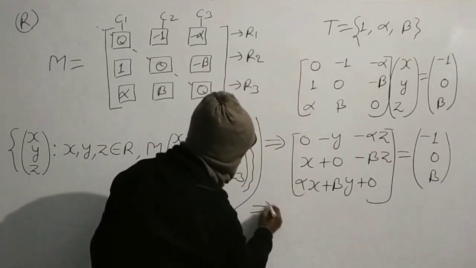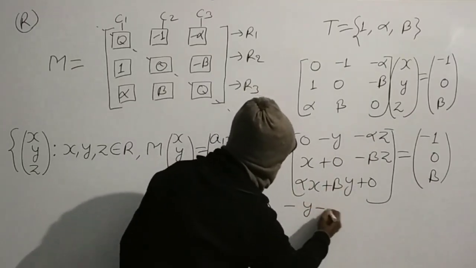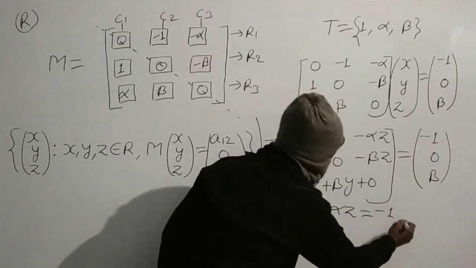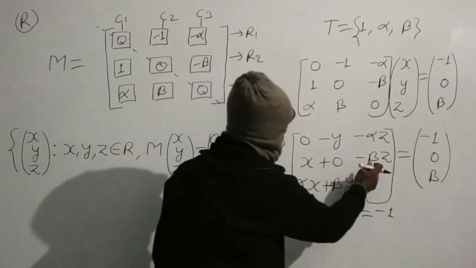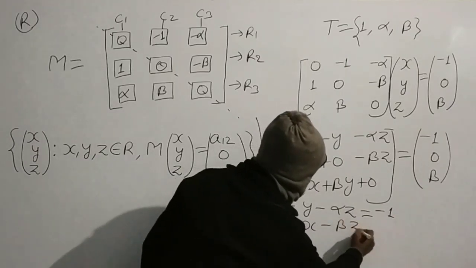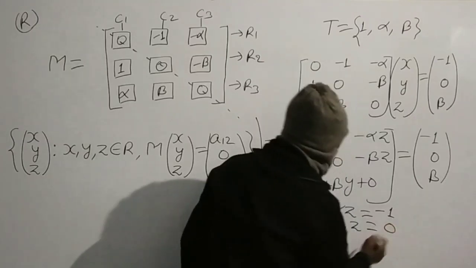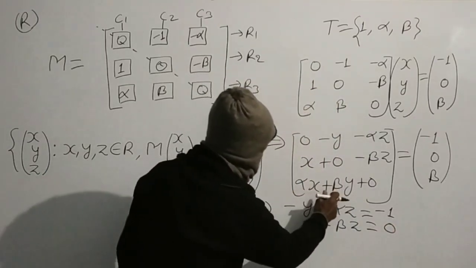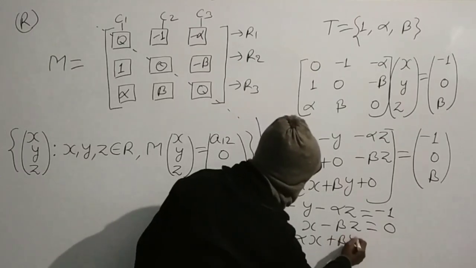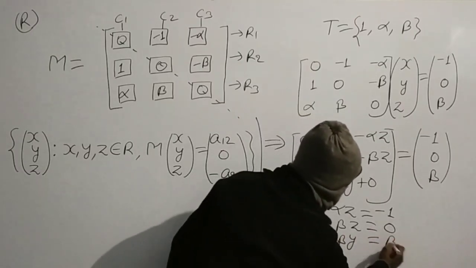That means minus y minus alpha z is equal to minus 1. x minus beta z is equal to 0. Alpha x plus beta y is equal to beta.